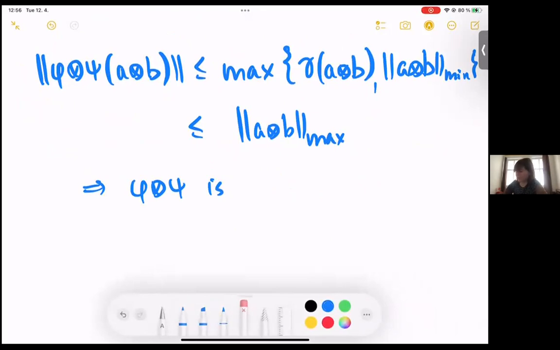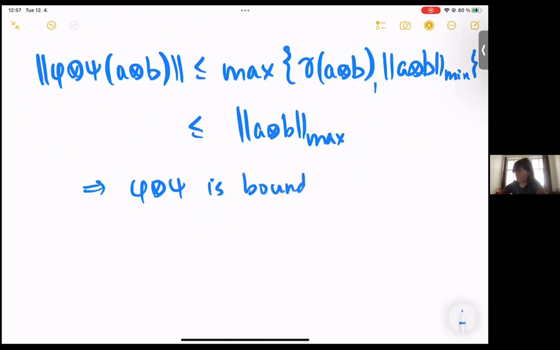So it's bounded with respect to the max norm.